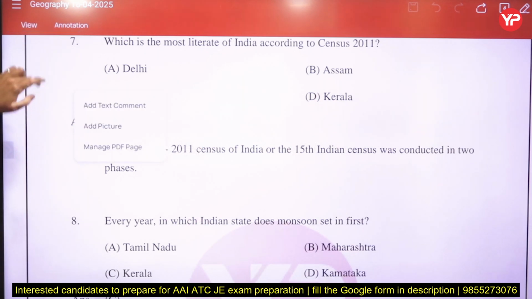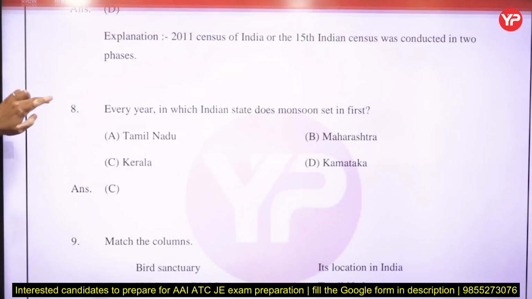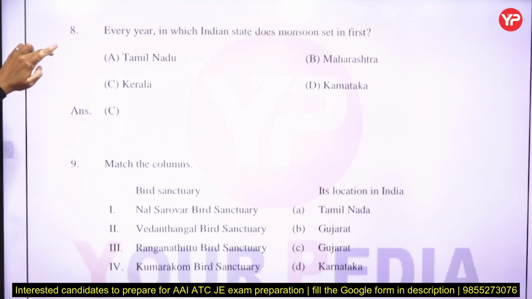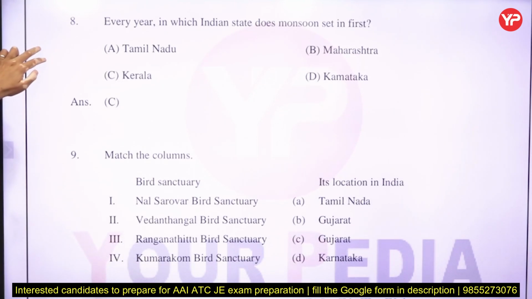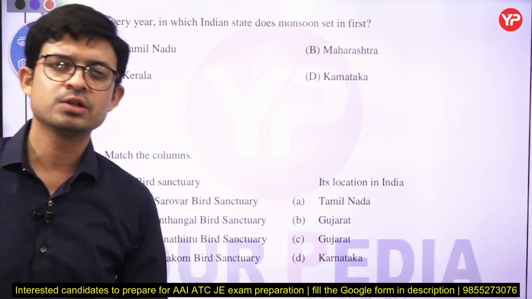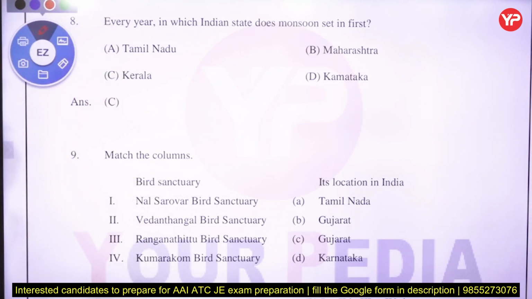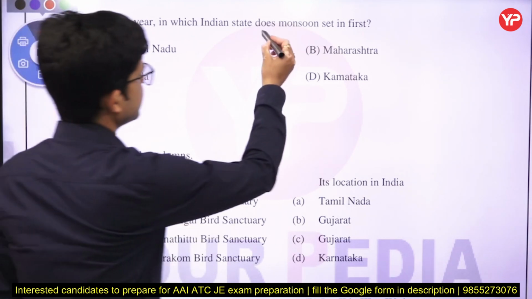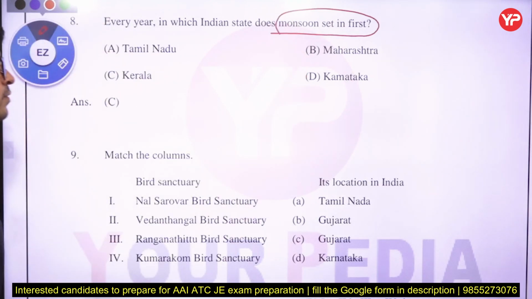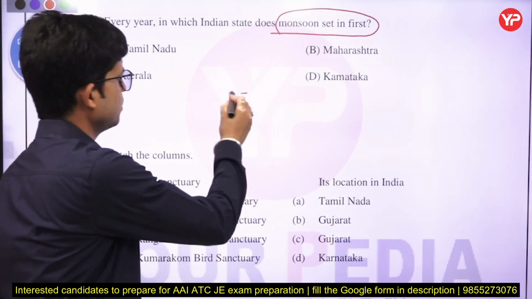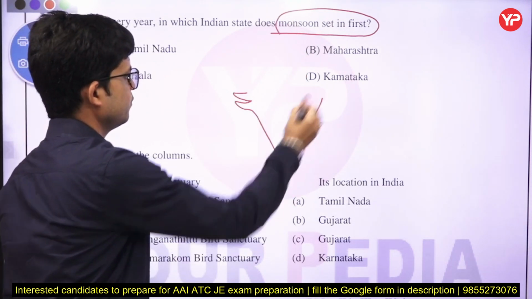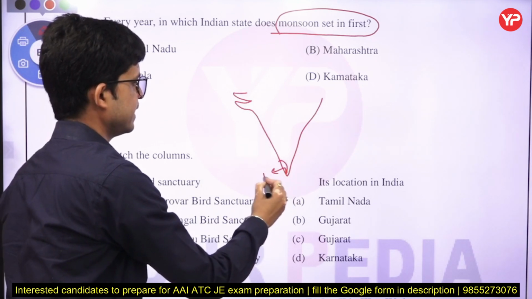Now the next question is again related to the monsoon. Monsoon and rivers questions, monsoon and river topics are very important from the geographical perspective. Now here the question arises: in which state did the monsoon come first in India? If you see, firstly we see Kerala.